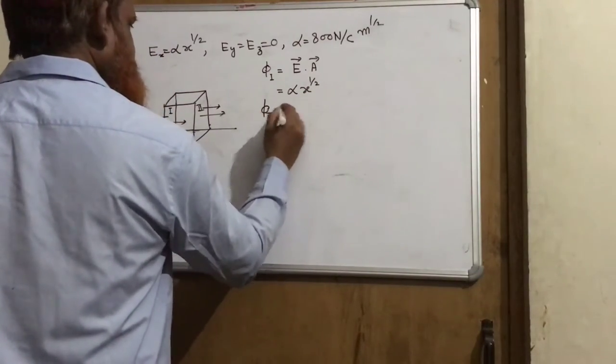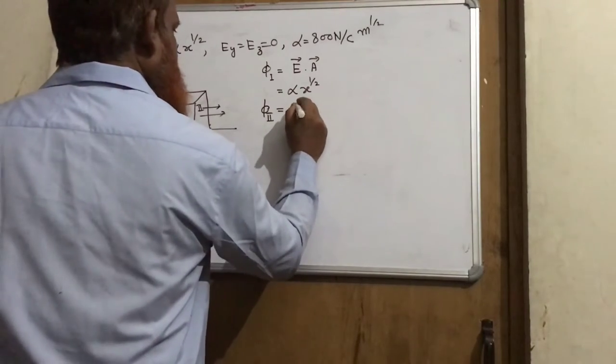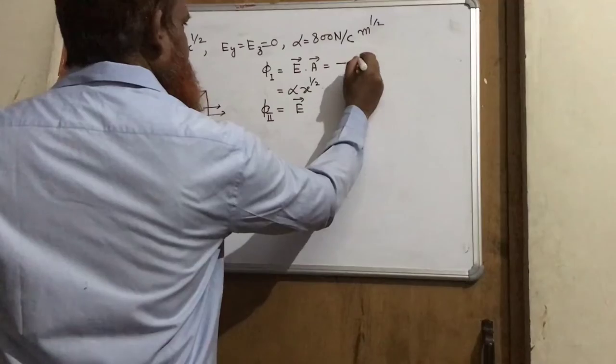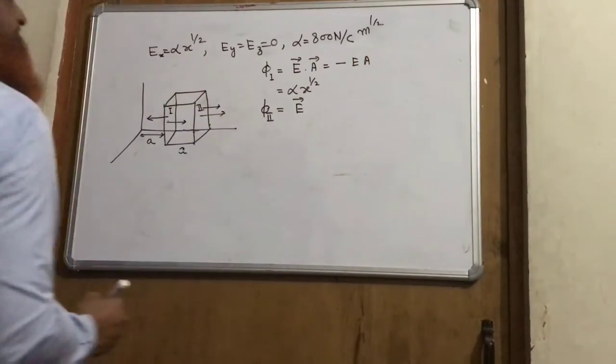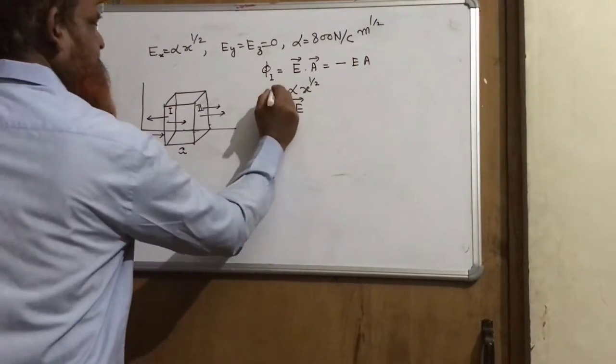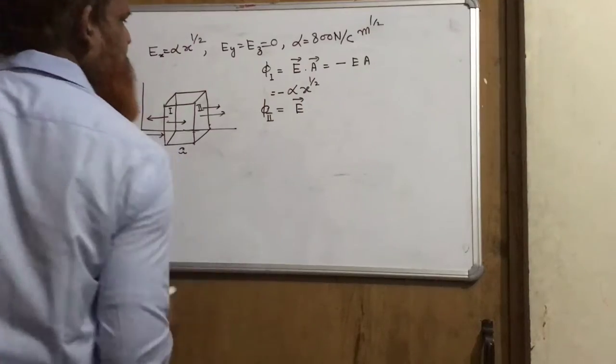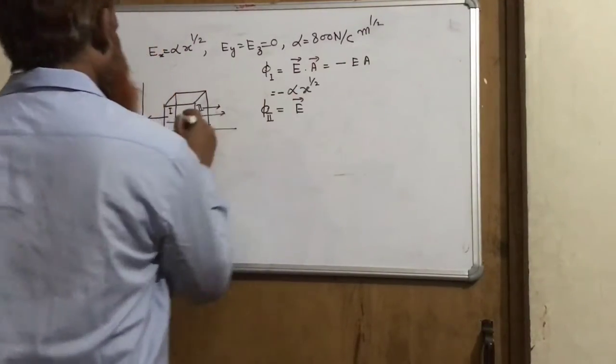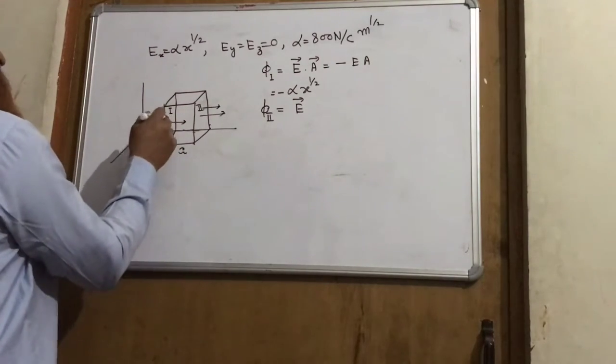The flux phi 1 will be minus alpha x to the power half times A square, because E and A are anti-parallel for the first surface.